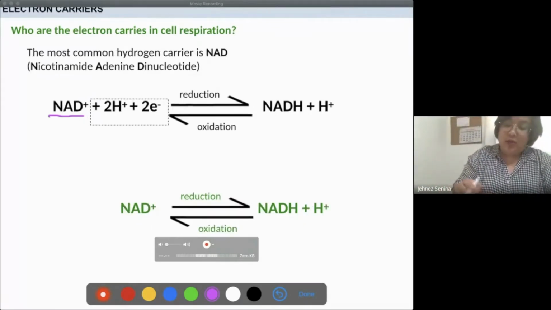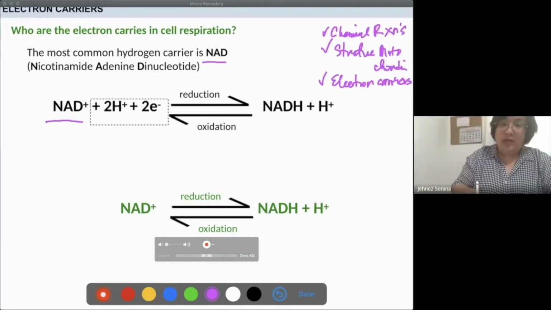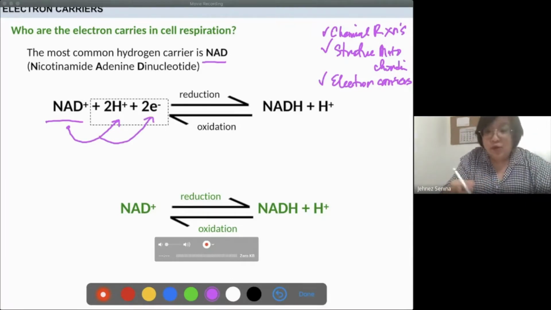Looking at this chemical reaction, it's good that you're in chemistry, this makes sense visually. Look at what can happen. NAD plus can pick up two hydrogen protons, not atoms, and two electrons to form NADH plus H plus.